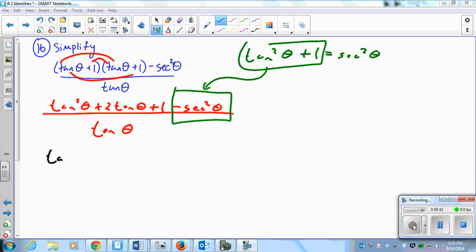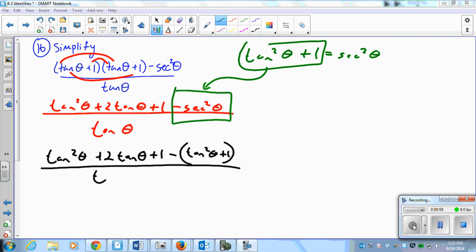So I get tangent squared theta plus 2 tangent of theta plus 1 minus parenthesis tangent squared theta plus 1, all over tangent of theta.